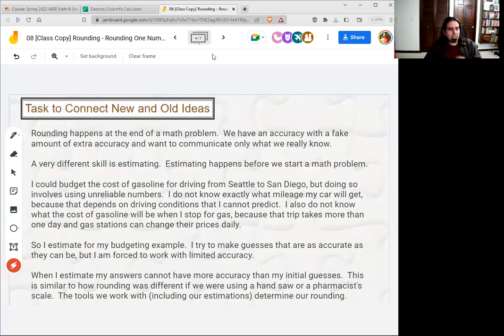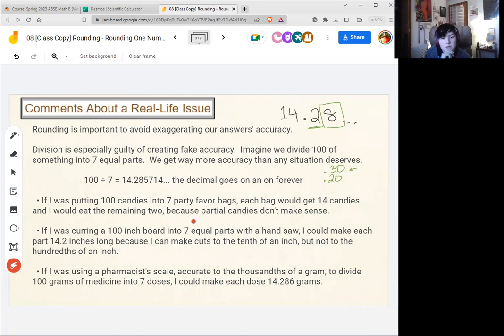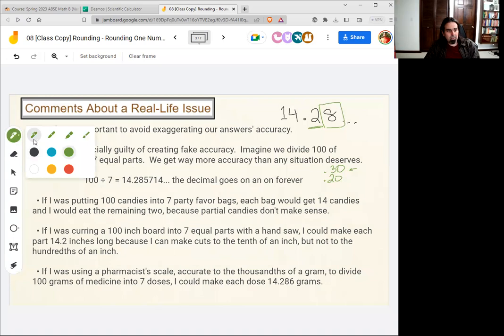But I have one general question. Sure. On the last one, it's kind of confusing me a little bit because you said that the 6 used to be that 5 over there. Yeah, so let me write it out. We had 14.2857, blah, blah, blah.